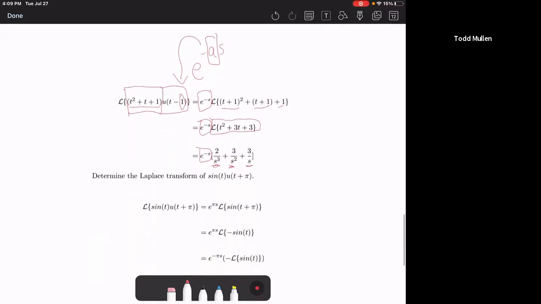Okay, we're going to use the same method to determine the Laplace transform of sine t times the unit step function of t plus pi. Well, again, we've got this u of t plus some value a, so that a is going to be multiplied by s in this power. And our g function, our sine of t, it has to be translated by pi.